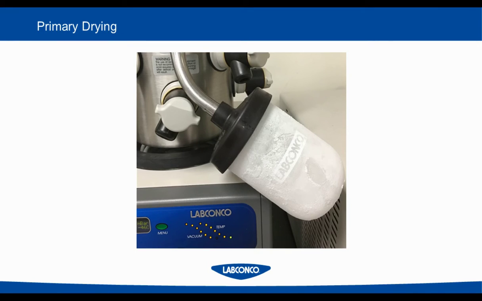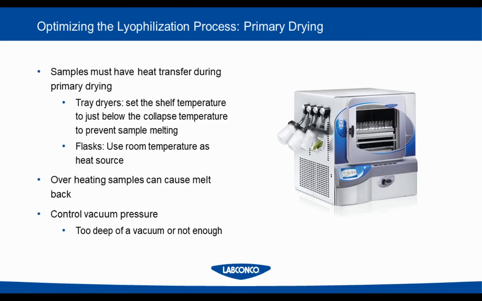Now we'll move on to primary drying. This step will be the longest and remove the majority of the moisture from the sample. During this step, adding heat is favorable to the process. On shelf, you have to control how much heat is added. The shelf temperature should be set to just below the sample's freezing point to prevent melting.